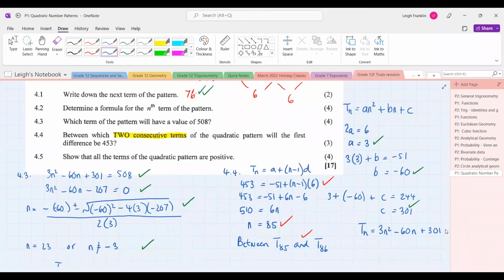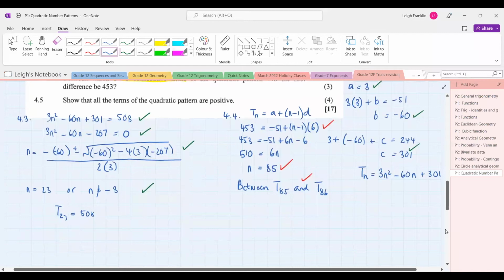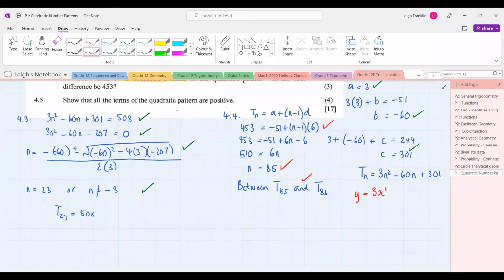Okay, so if you're not 100% sure, then let me ask you a question. If this wasn't a number pattern, and it was a parabola sketched on a graph, instead of writing Tn equals, we could write it as y equals 3x squared minus 60x plus 301. And if I was to draw that, it would be a parabola.